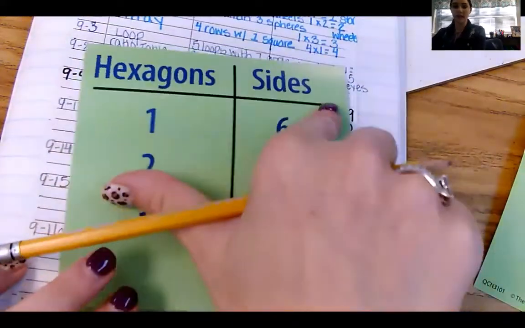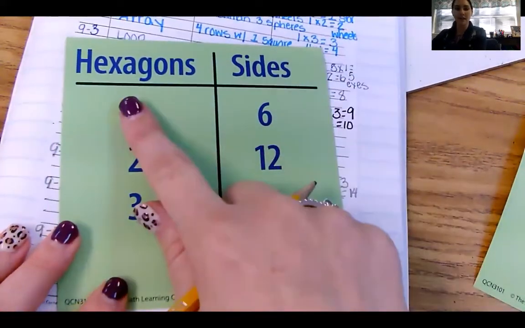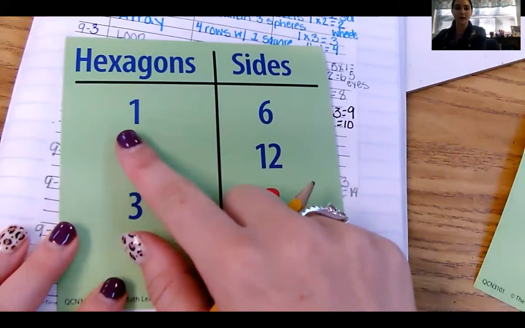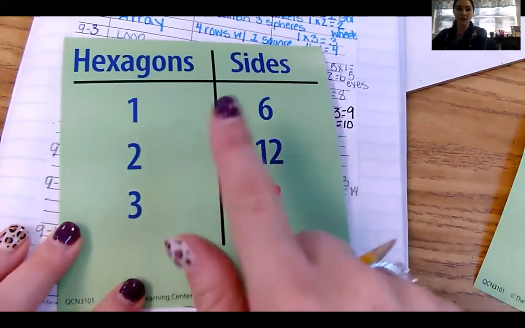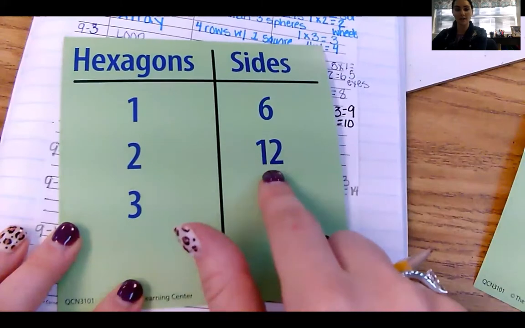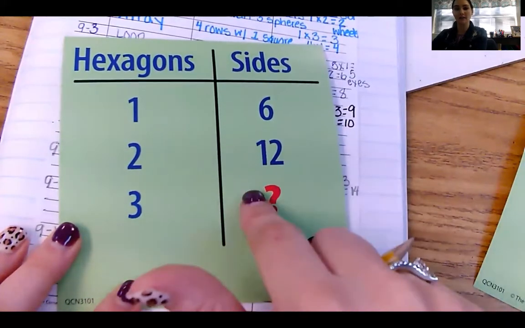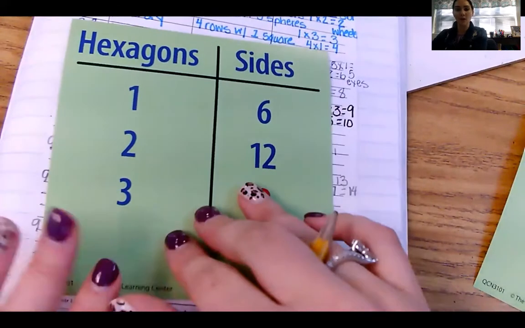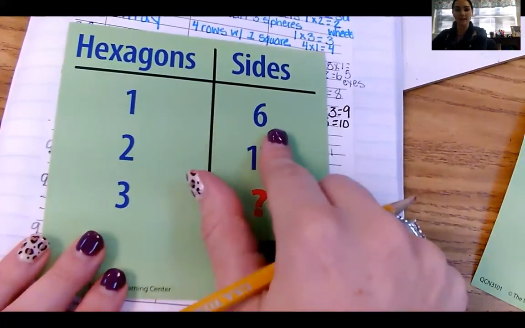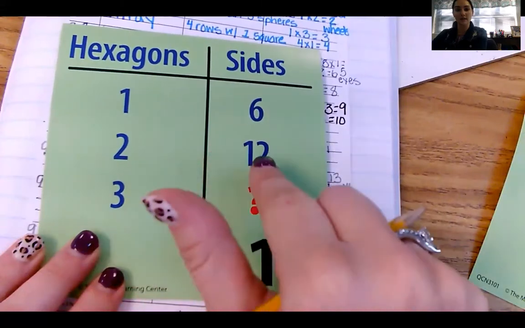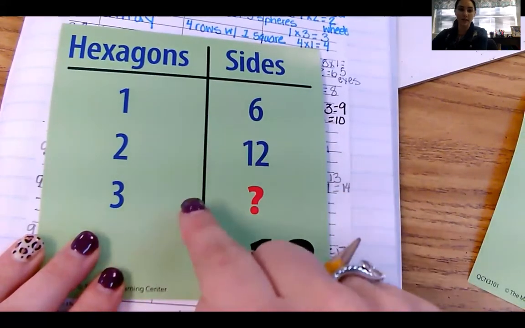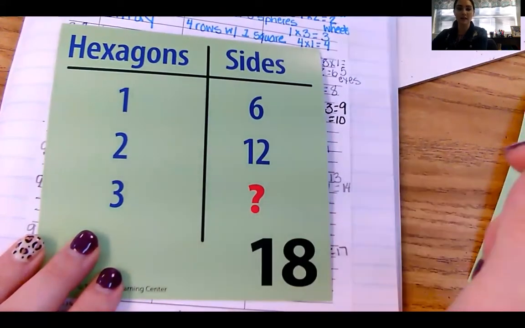So for today, I have hexagons and sides. So one hexagon has 6 sides, 2 hexagons has 12 sides, and 3 hexagons has how many sides? Okay, so 1 times 6 is 6, 2 times 6 is 12, 3 times 6 is 18.